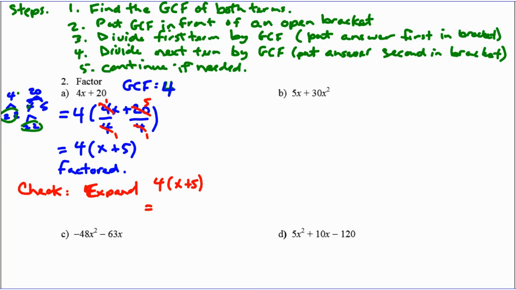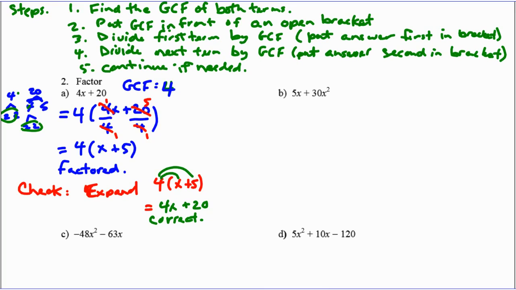Well, 4 times x is 4x, 4 times 5 is 20. And it's the same as our first answer. So correct. All right, good. Now it just said factor, but it didn't say check, but it's a good practice to check.